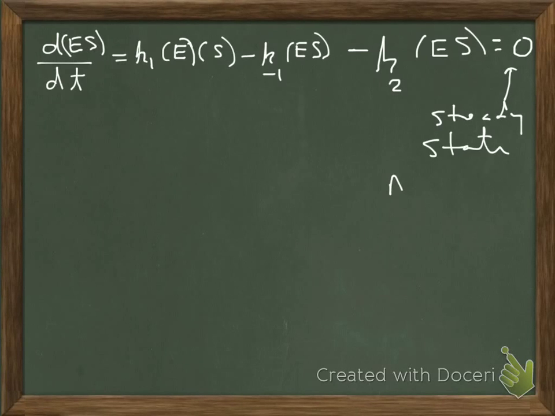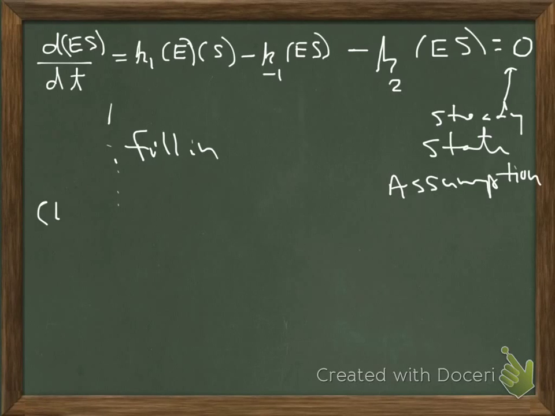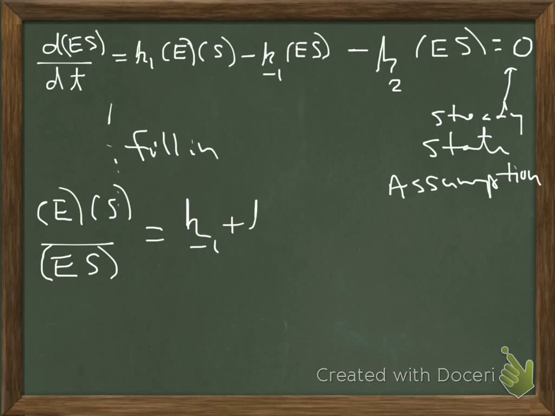We don't have to make this for single turnover kinetics, but it's not trivial to see that, and we'll come back to that later. Okay, it's equal to 0, and so we can factor out ES, rearrange, and you can come up with an equation. You can fill this in later, or you can do it in your head, and you can see that E times S over ES is equal to K minus 1 plus K2 over K1.